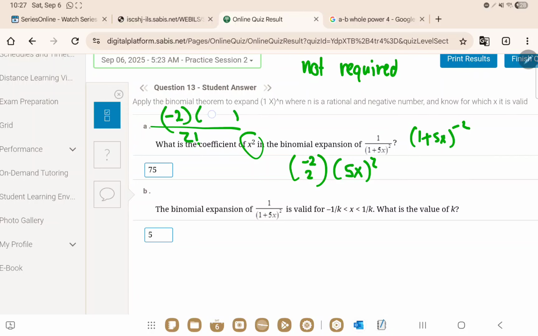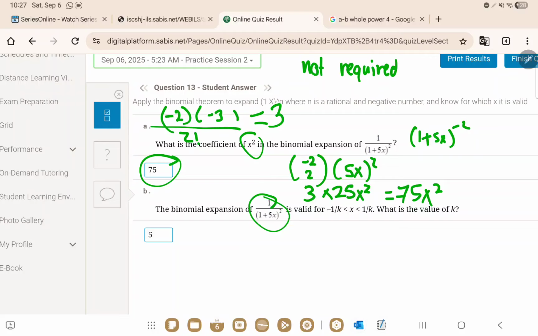Negative 2 into negative 3 is 6 over 2 is 3. So this is equal to 3 times 25x squared. It is equal to 75x squared. Coefficient would be 75. Now, when solving the second part, we need to write a range where it's valid.